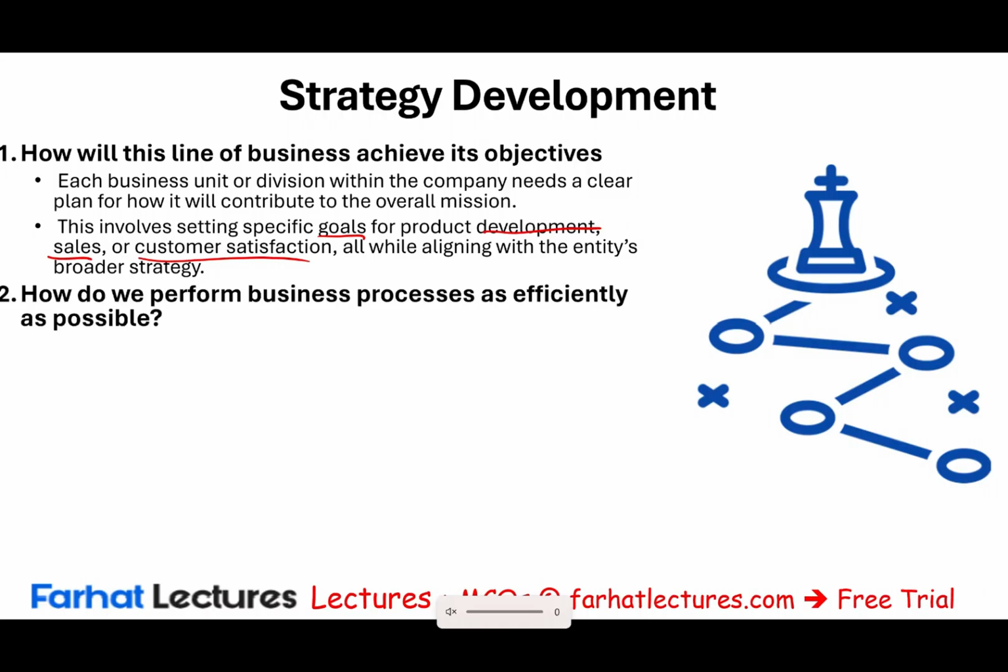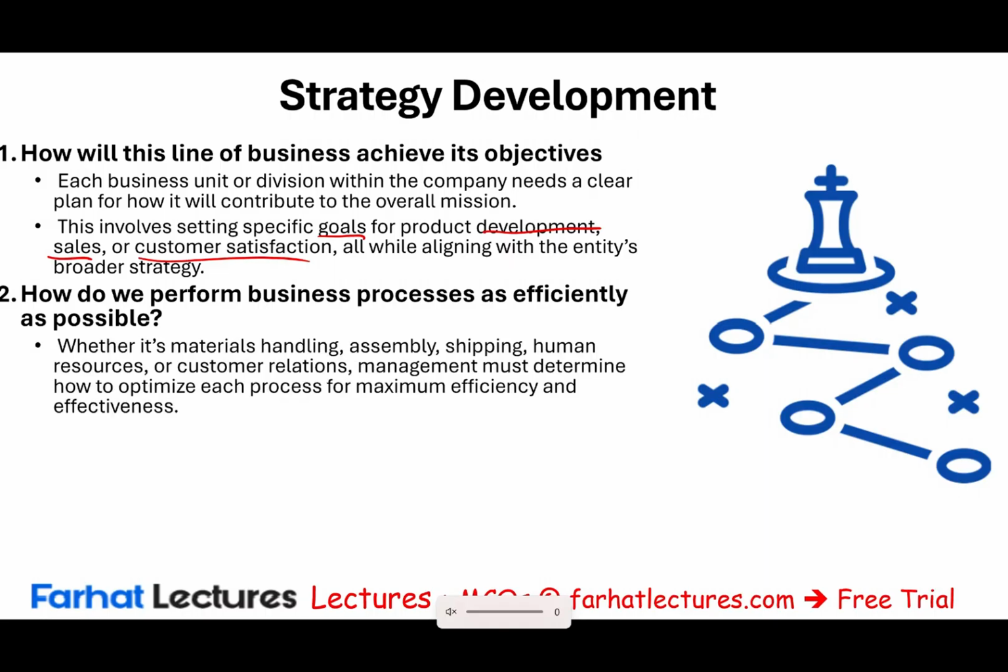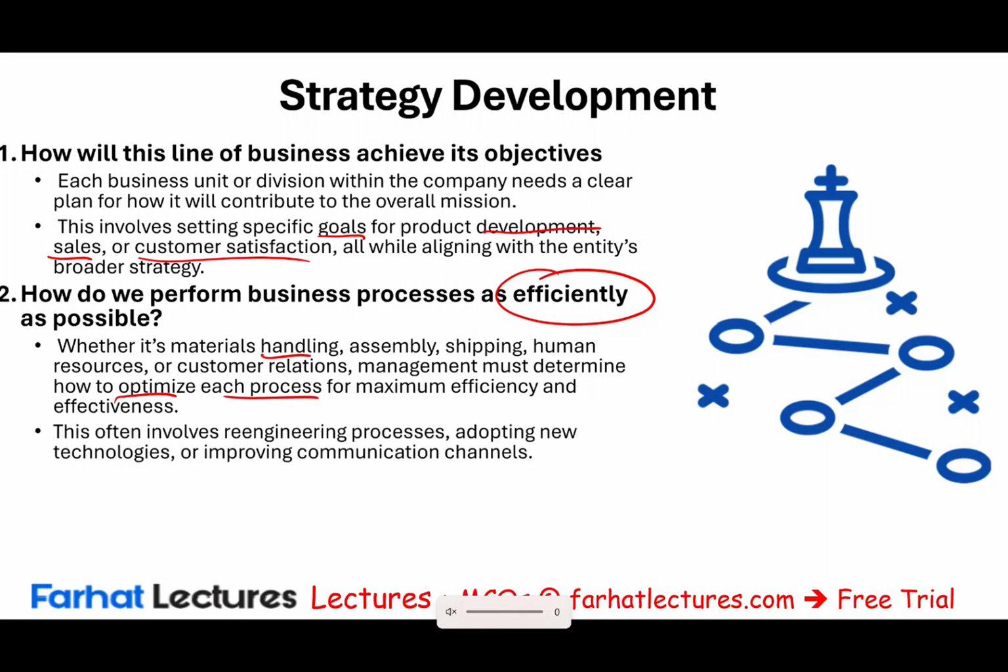How do we perform business processes as efficiently as possible? How do we do that? Let's put it down. Whether it's material handling, assembly, shipping, human resources, or customer relations, management must determine how to optimize each process because we want maximum efficiency and effectiveness. Write them down in the strategic plan.